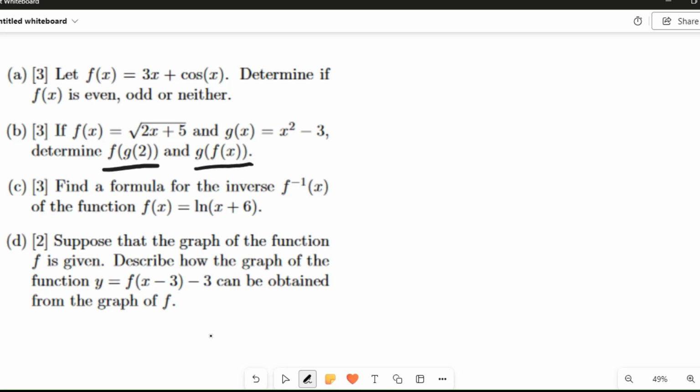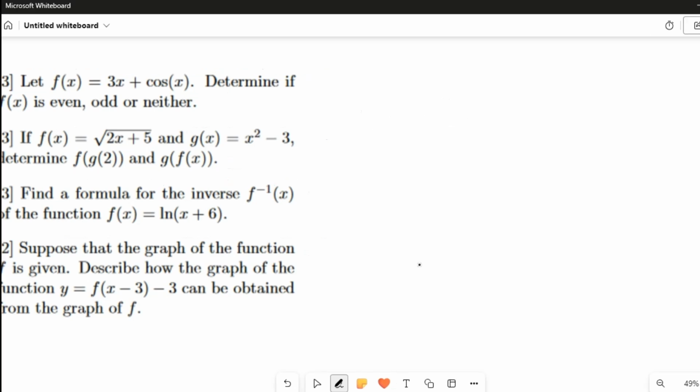We want to write f composed with g at the value 2. We are going to omit the x of f and replace it with this whole thing, x squared minus 3. Then we omit this x of g and replace it with the value 2.